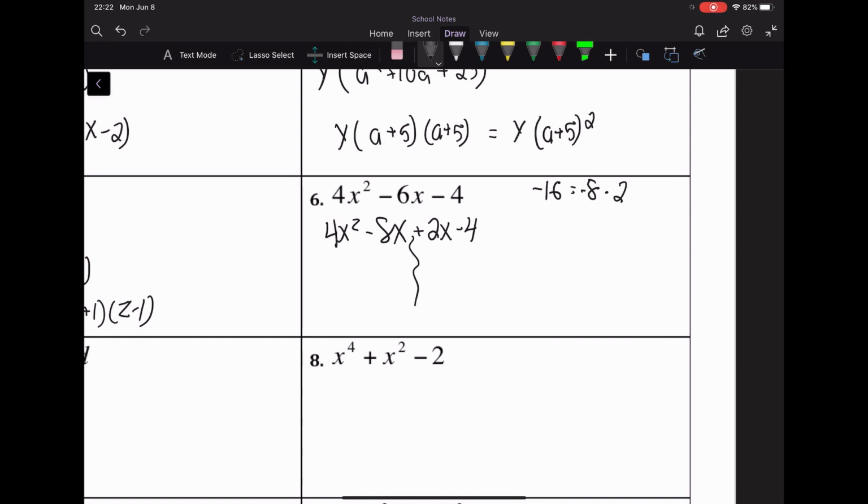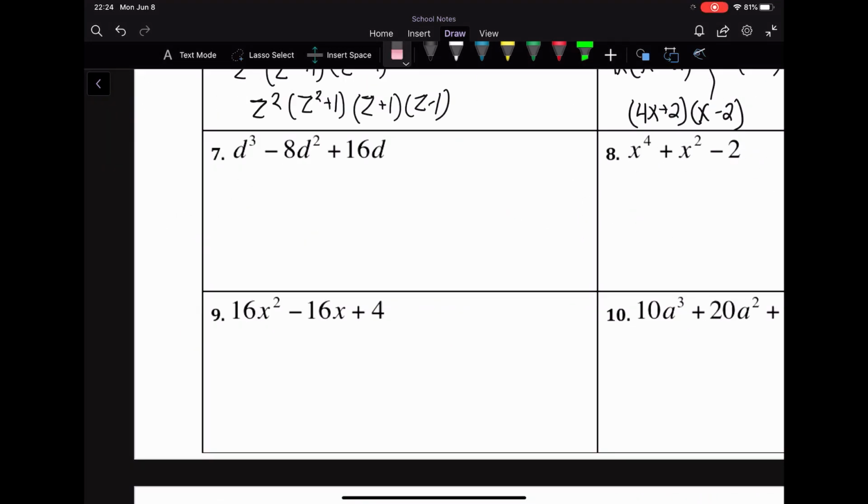Draw our line. So here we could take out a 4x. We'll be left with x minus 2. And we could take out a 2 here, and x minus 2 here as well. So we got 4x plus 2 times x minus 2.